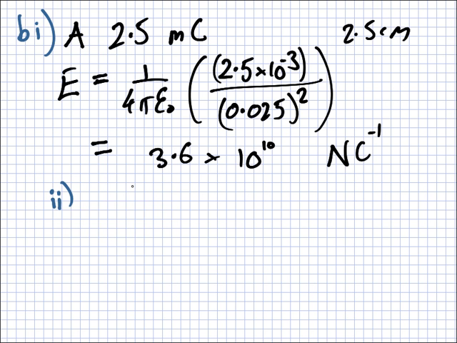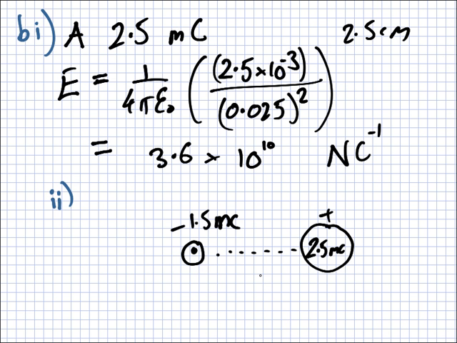B part 2. Determine the magnitude and direction of the force on a charge B of minus 1.5 millicoulomb if it were to be placed at this point. So you've got your 2.5 millicoulomb as a positive, and the negative 1.5 millicoulombs, at the same distance of 2.5 centimeters.